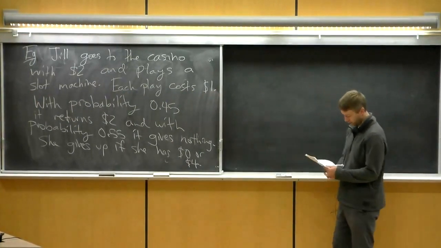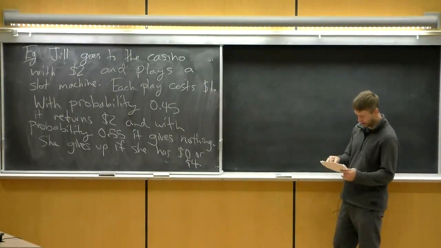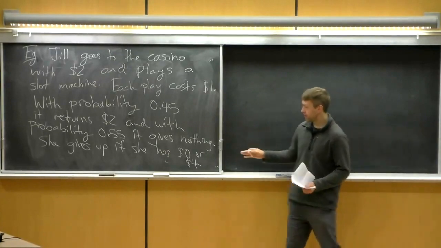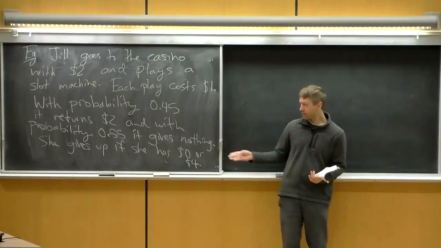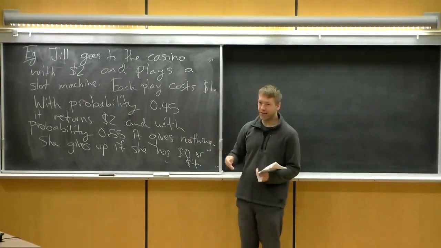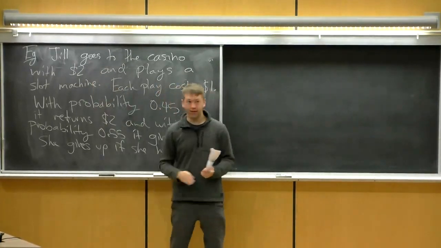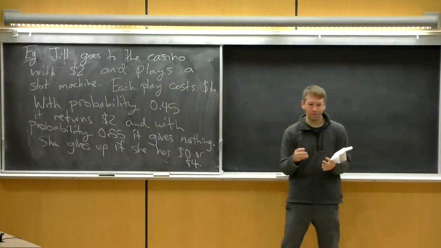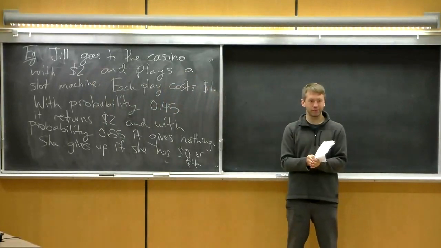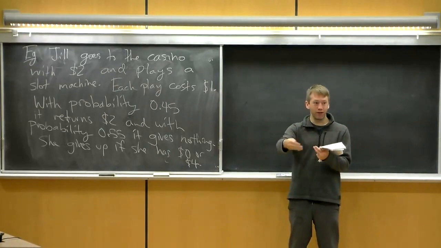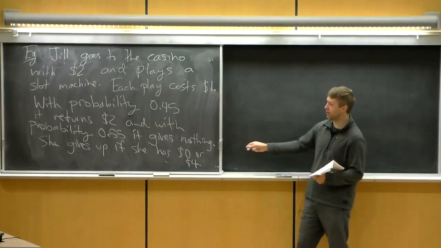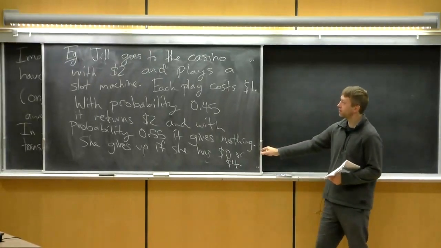Okay, so I want to think of this as a Markov chain. So we have a certain number of states. When she starts the game, the state of the system is that she has $2. Once she plays the game, she's going to put in $1. Either she's going to end up with a total of $3, because it'll give her back 2, or she'll end up with a total of $1, right?